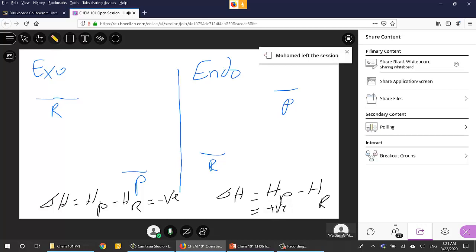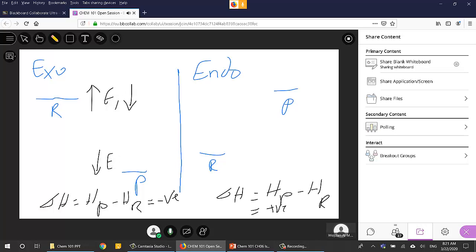So in endothermic reactions, that's very important to mention, the products have higher energy or higher enthalpy, and the reactants have lower energy. Higher energy means lower stability. That's very important. So in an exothermic reaction, the reactants are less stable than the products.